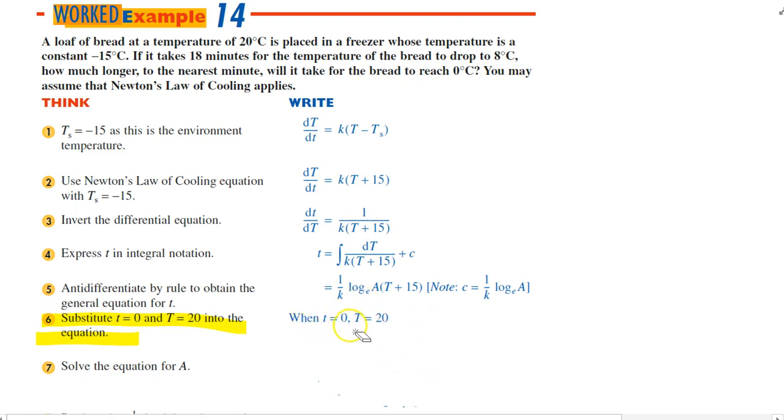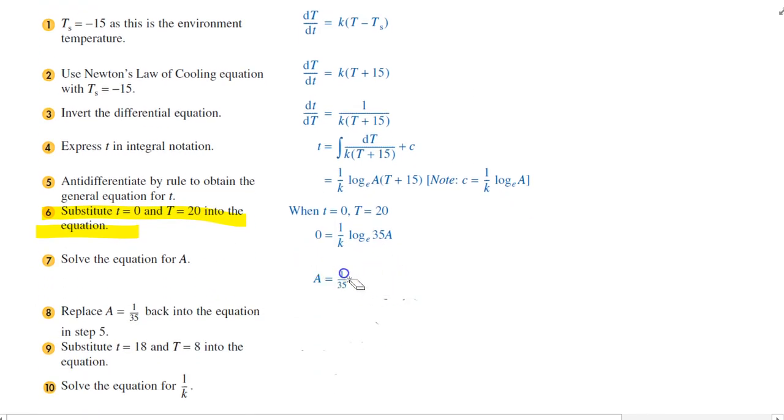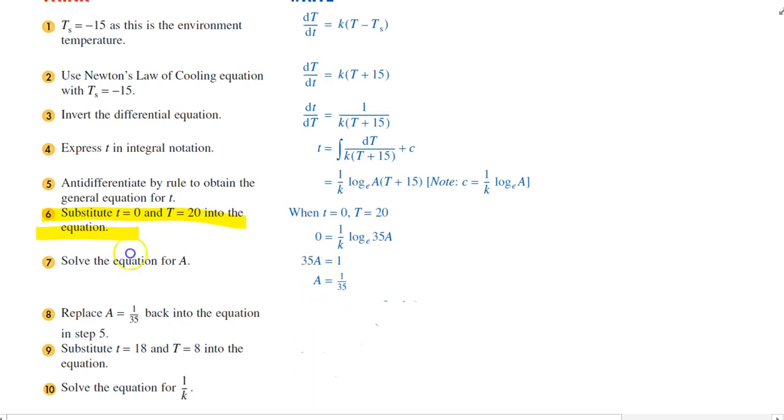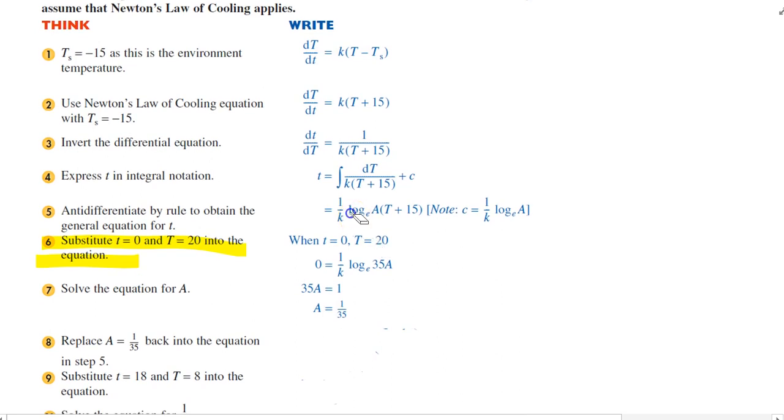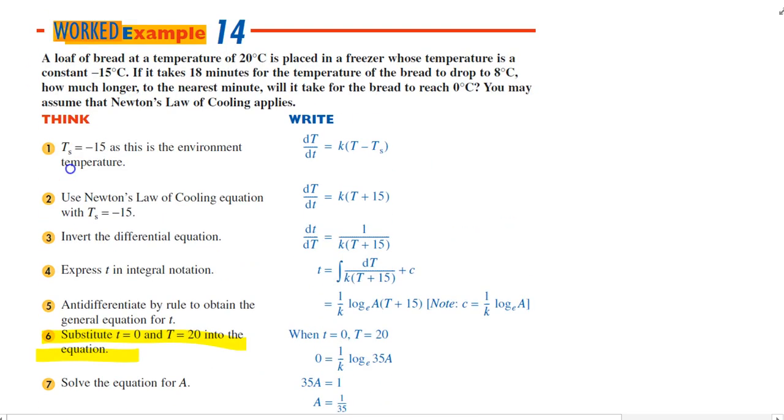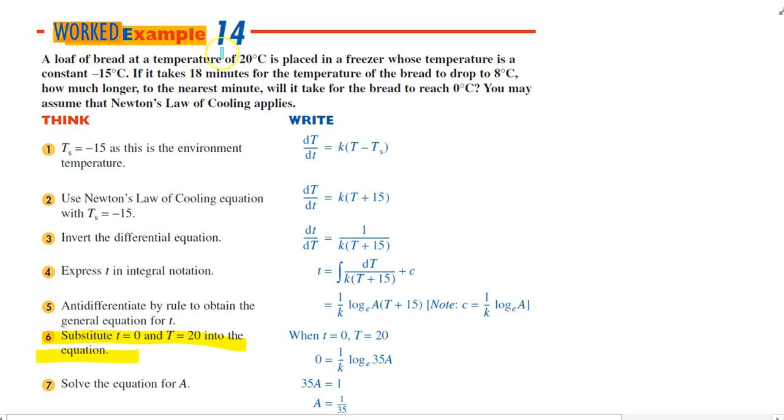So when time equals 0, T equals 20, that's going to put our 0 out the front, which we know makes our life easier, because 35A is going to be equal to 1. So A is equal to 1/35. If we put that back into this equation here, we can now find 1/k by subbing in some other condition which we have: 18 minutes to drop to 8 degrees.